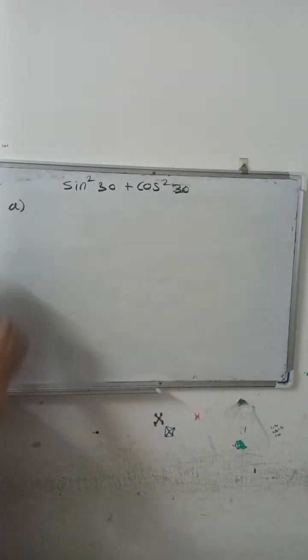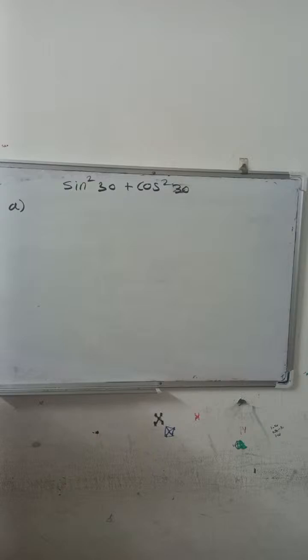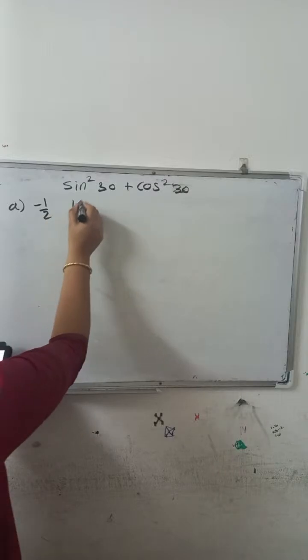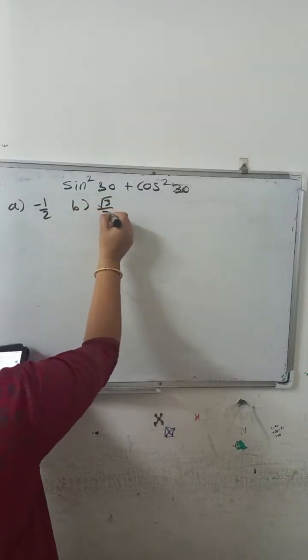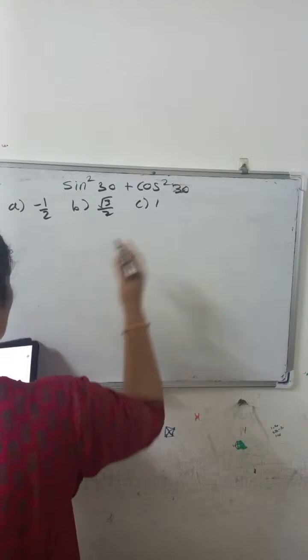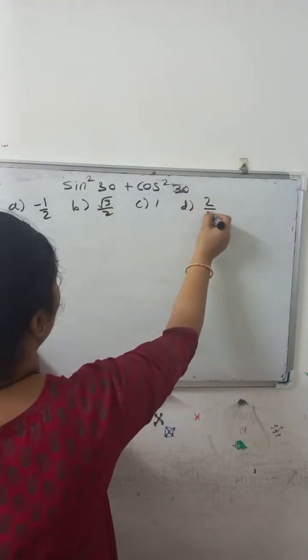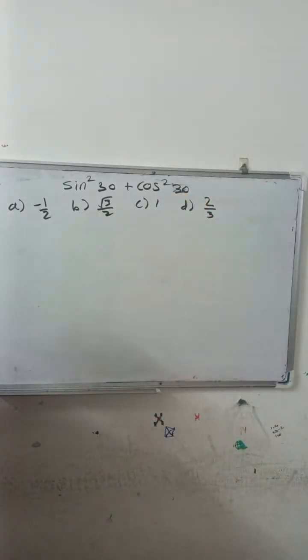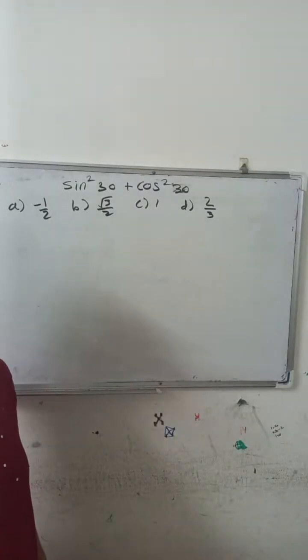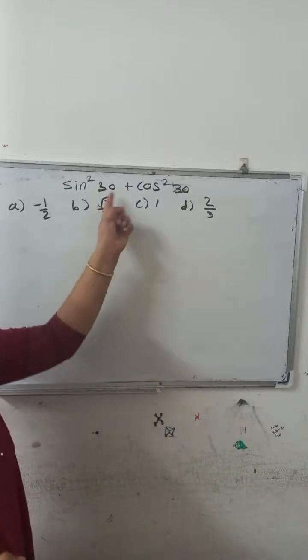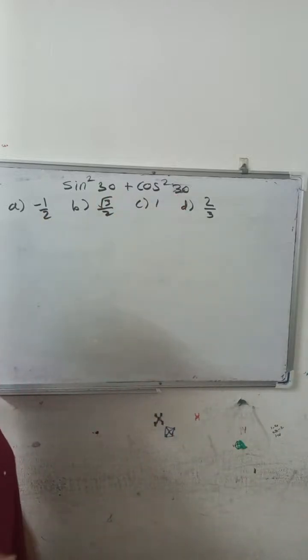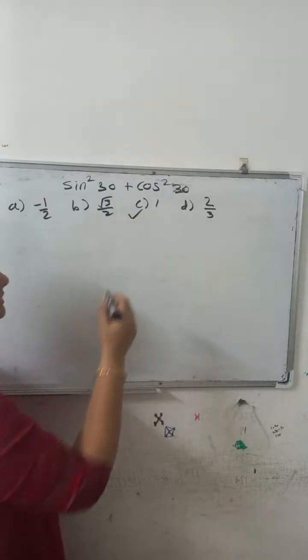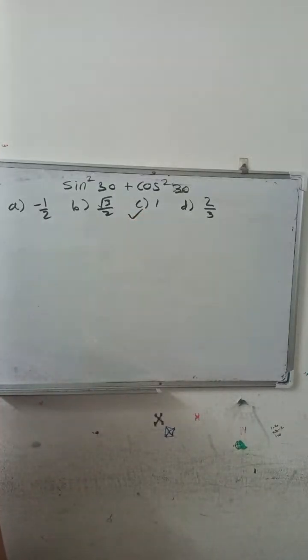Option A is minus 1 by 2, B is root 3 by 2, C is 1 and the last option is 2 by 3. Observing this, the answer is 1 only, because we just now learned the trigonometric identity, sin square theta plus cos square theta is 1. Here both the angles are same, so the answer is 1. So option C is the correct option.